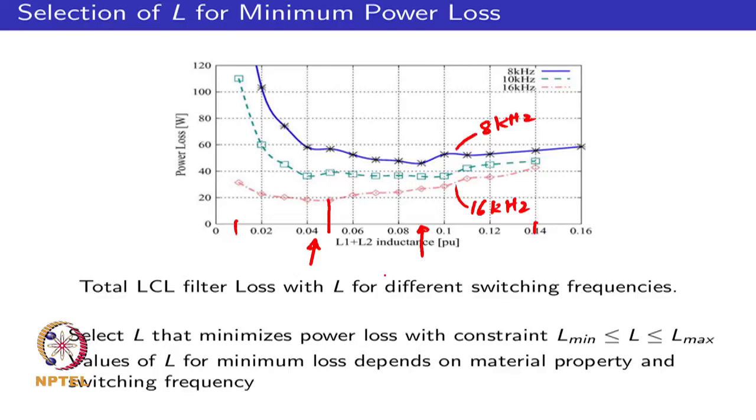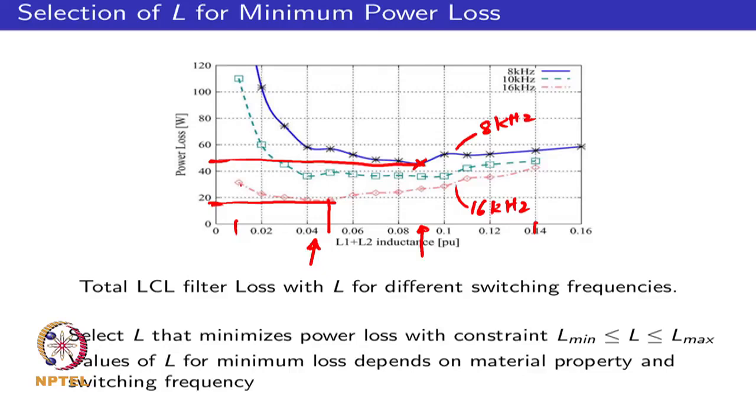The other thing to observe is that at the low value of switching frequency, the losses in your filter inductor is actually about 50 watts, whereas at the high value of switching frequency, your losses in your filter is lower, slightly lower than 20 watts.